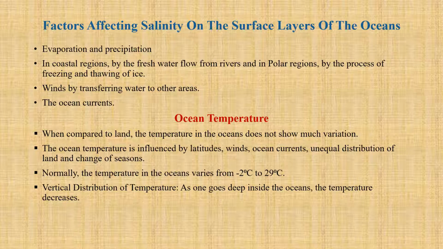the factors affecting salinity. So we know that the ocean water is salty. How does this salinity happen to the seawater? Where evaporation is more, there is more salinity, and vice versa.